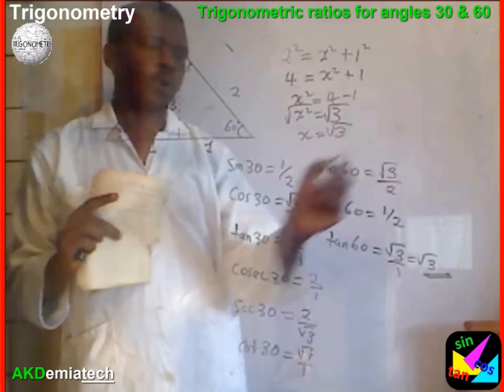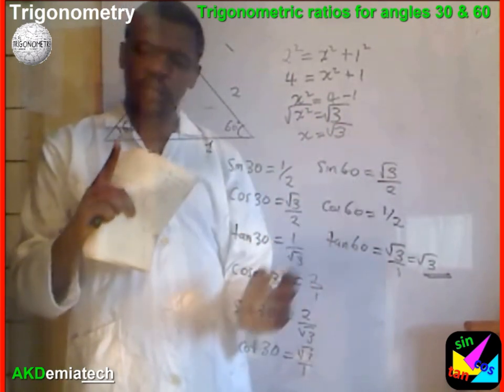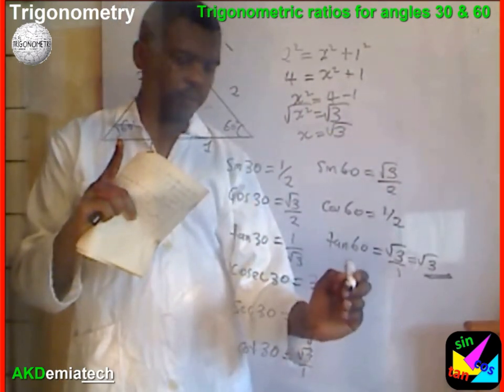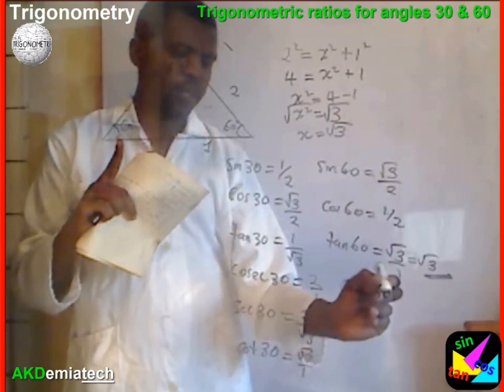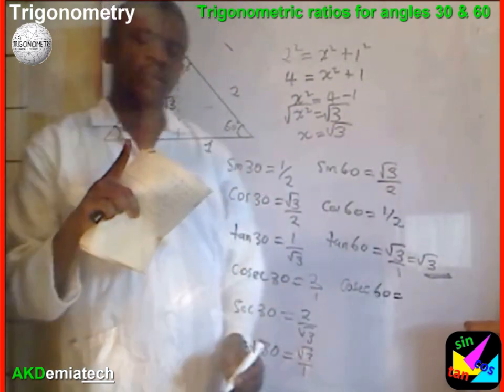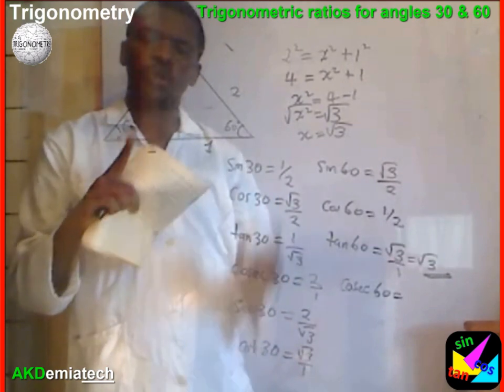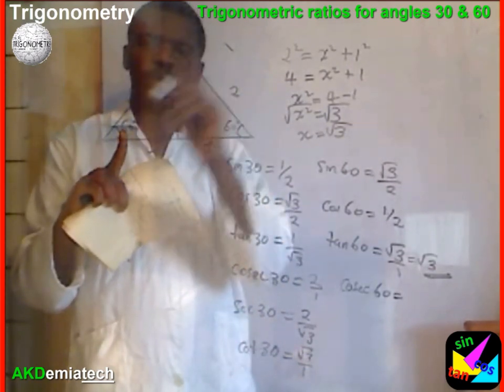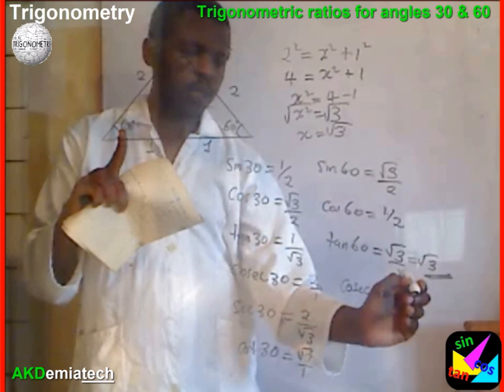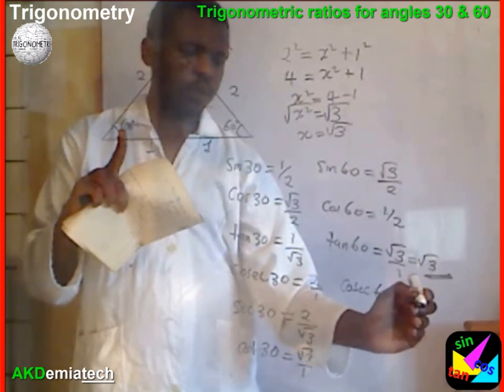Let's get for 60 degrees. Cosec 60 is equal to hypotenuse all over opposite. This is 2 all over root 3.